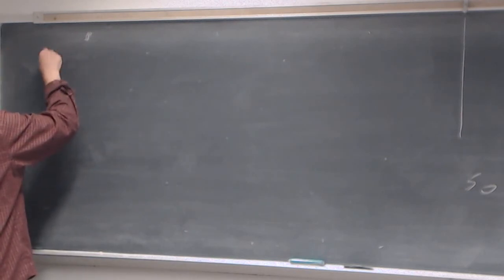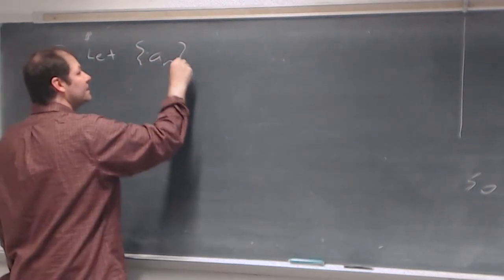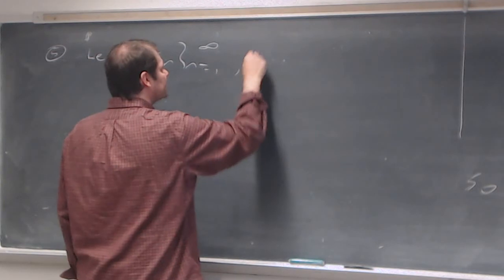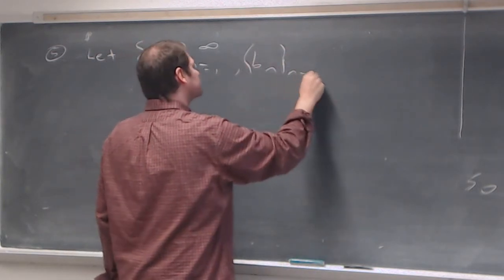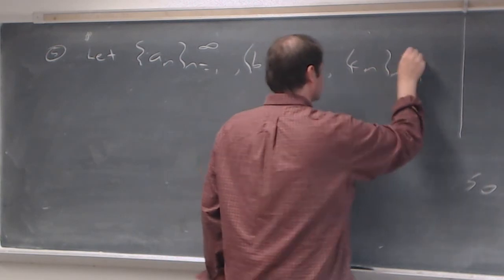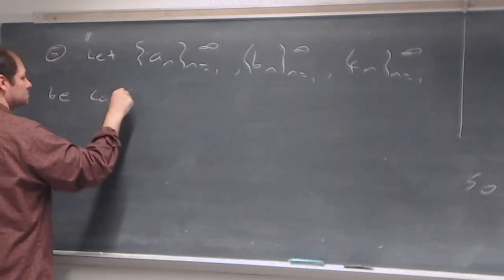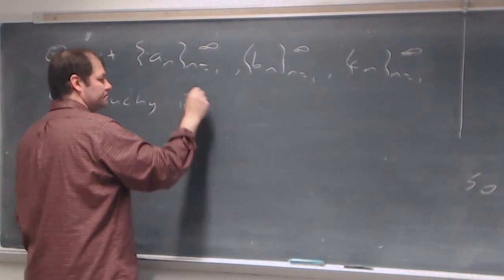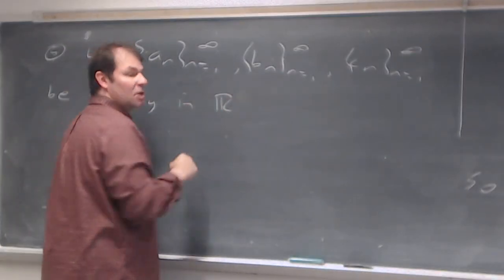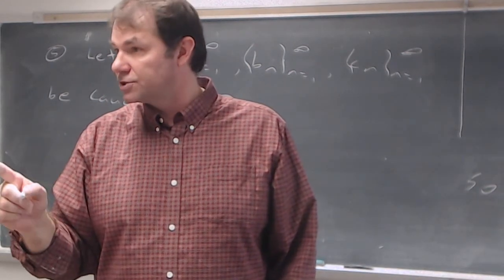So this was problem 5. It says, let A sub n, B sub n, and C sub n be Cauchy in R. So each one of these is a real valued sequence that is Cauchy.